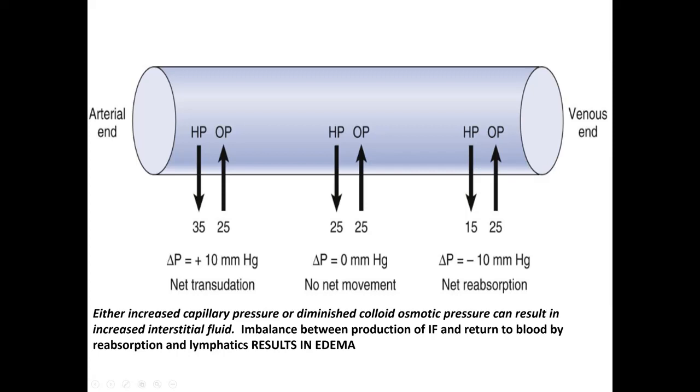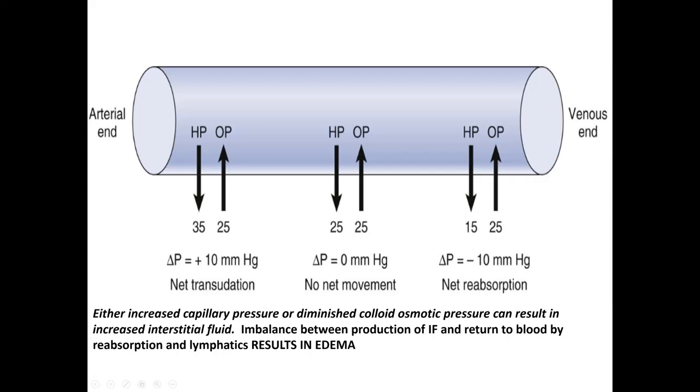So there is net transudation of fluid, whereas in the middle of the vessel, the hydrostatic pressure and the colloid osmotic pressure are the same, that is 25 millimeter of mercury. With the result, there is no movement of fluid.